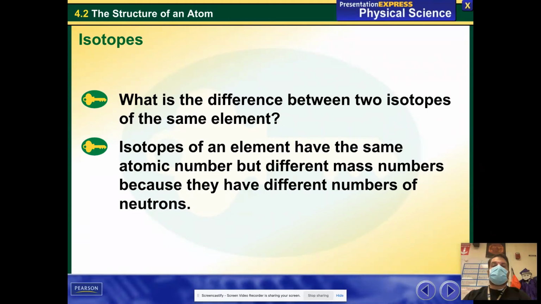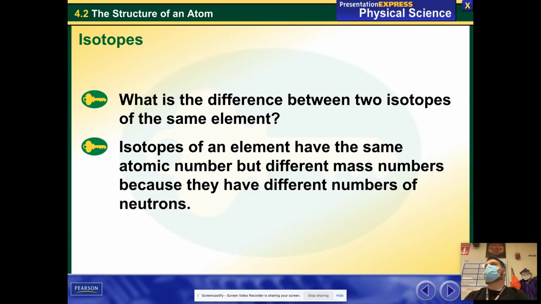Well, an isotope is an element that has the same atomic number but has different mass numbers, so they have different numbers of neutrons. So enriched uranium is an isotope, and they have to enrich uranium. For nuclear reactors to make electricity, they don't just pull any uranium out of the earth.